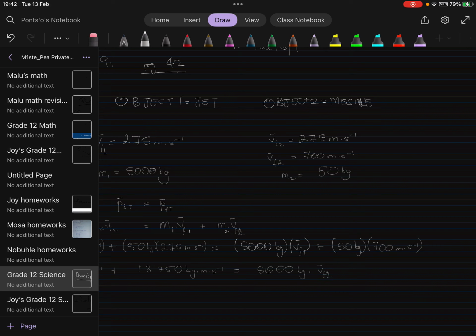And then also another thing that helps is using the memory function in your calculator. So if you have a multiple step problem like this, you know that you will need the answer for momentum 1 of object 1, momentum 2 of object 1, and momentum 1 of object 2 and momentum 2 of object 2. So those you can store in memory keys in your calculator.